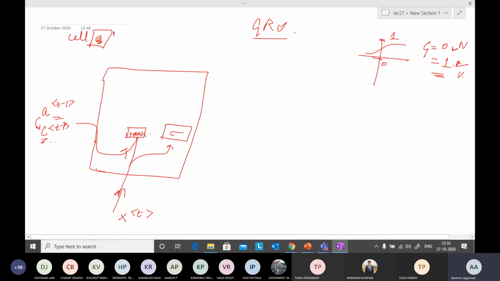It was having 0.5, so it will keep 0.5. But if this gate value is 1, the cell is updated to some new calculations, and those calculations are done using this activation. So let's see, we have some equation over here, equation 4.